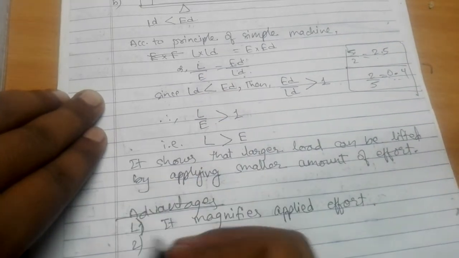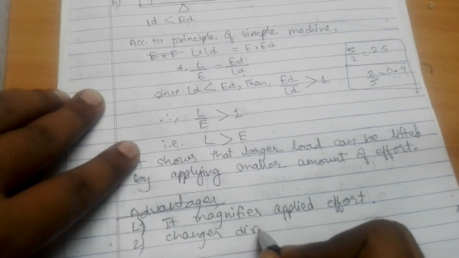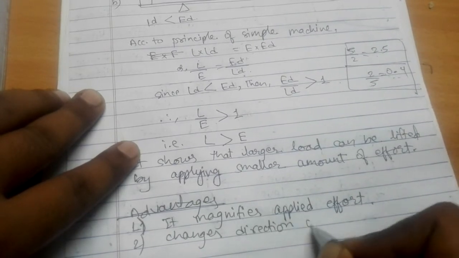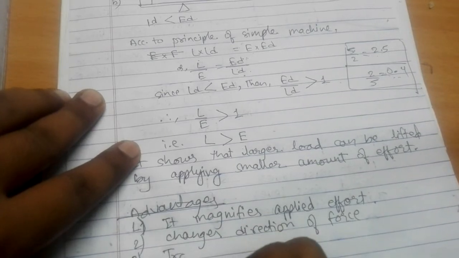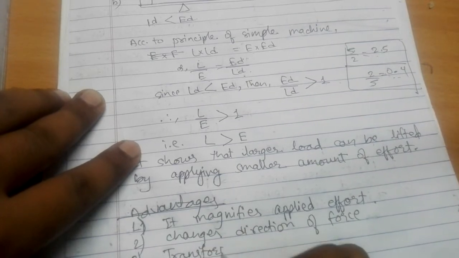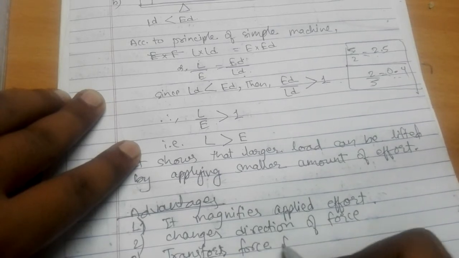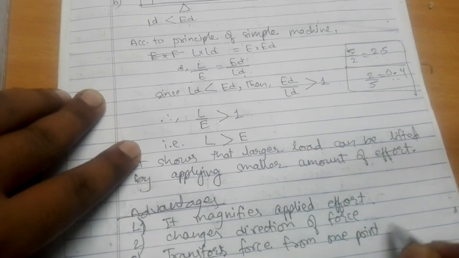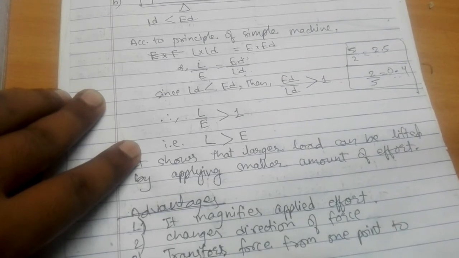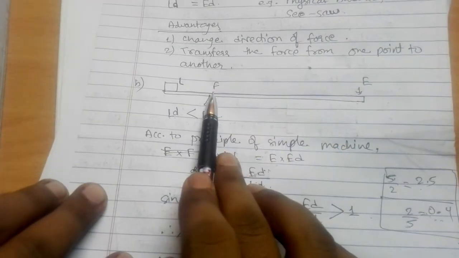And obviously a first class lever always changes the direction of force and transfers force from one point to another. In this case, you apply force here and it is transferred to here.